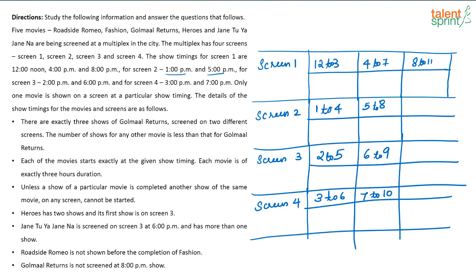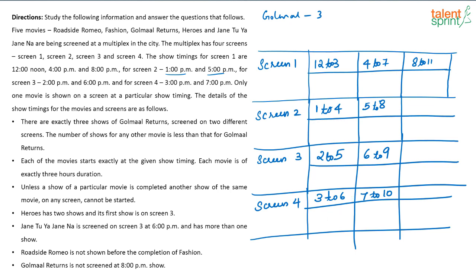Then, what else is given? The details as follows. There are exactly 3 shows of Golmaal Returns screened on 2 different screens. The number of shows of any other movie is less than Golmaal Returns. So Golmaal Returns has 3 shows. Totally how many shows are there? 1, 2, 3, 4, 5, 6, 7, 8, 9.